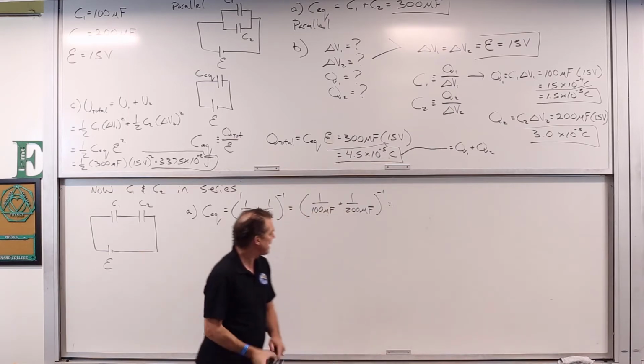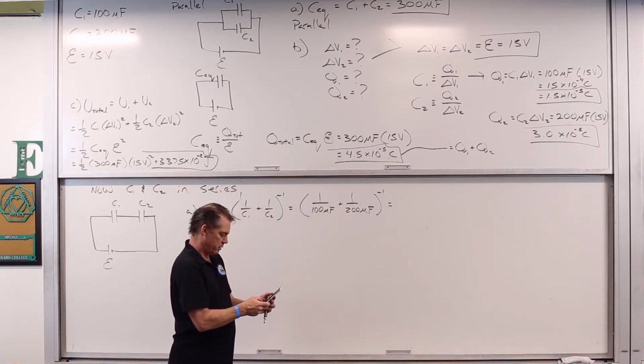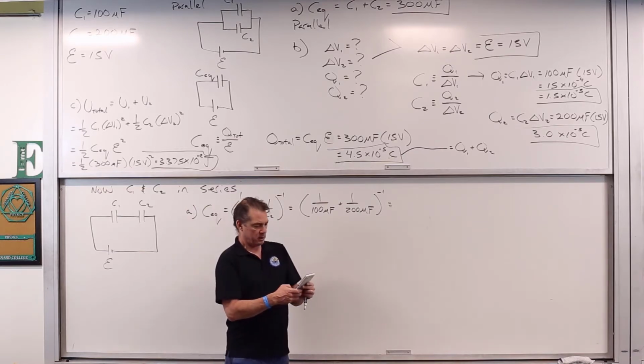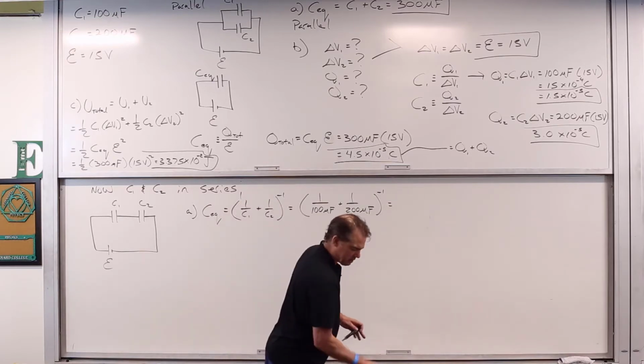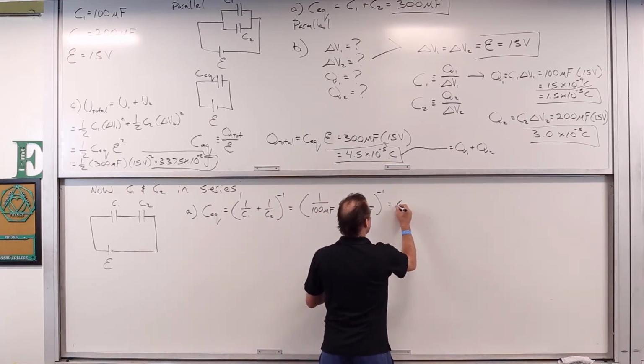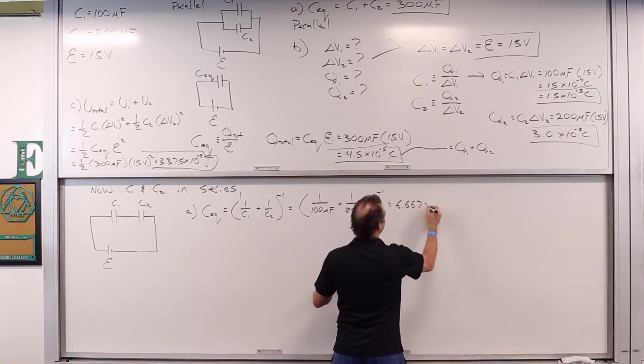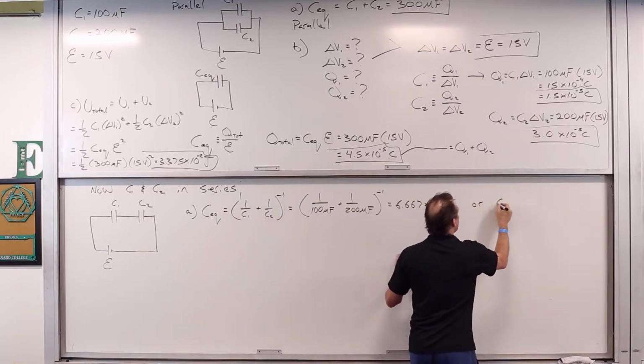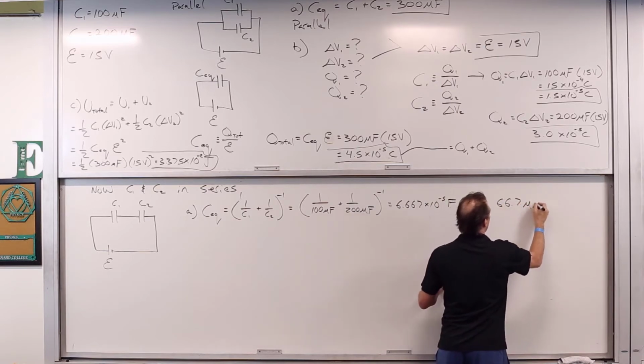66.7 microfarads. Let's make sure here. 1 divided by 100 using negative 6, plus 1 divided by 200 using negative 6, so negative 1, 66.7 microfarads, well, let's just call it that. 6.667 times 10 to the negative 5 farads, or 66.7 microfarads.